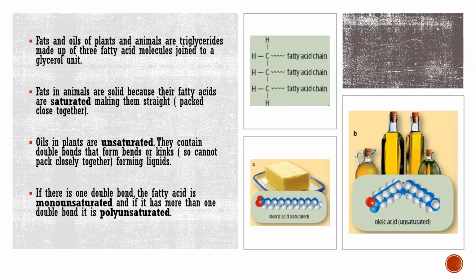If there is one double bond, the fatty acid is monounsaturated because there's only one bond. If it has more than the one double bond, then we say it's polyunsaturated.